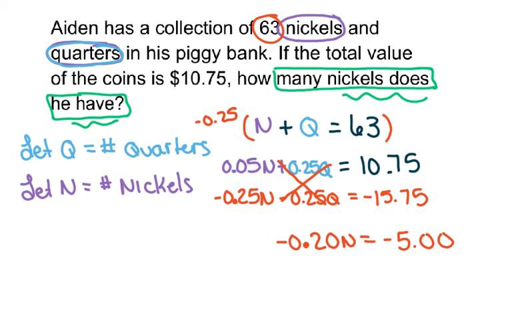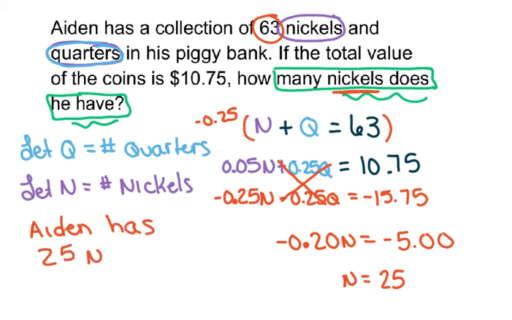And now we divide by a negative 20 cents. So that's going to turn our problem positive. So you'll see here, we're going to get n equals 25. And n is the number of nickels, which answers our actual question. So we don't actually have to move any further. So we would say Aiden has 25 nickels.